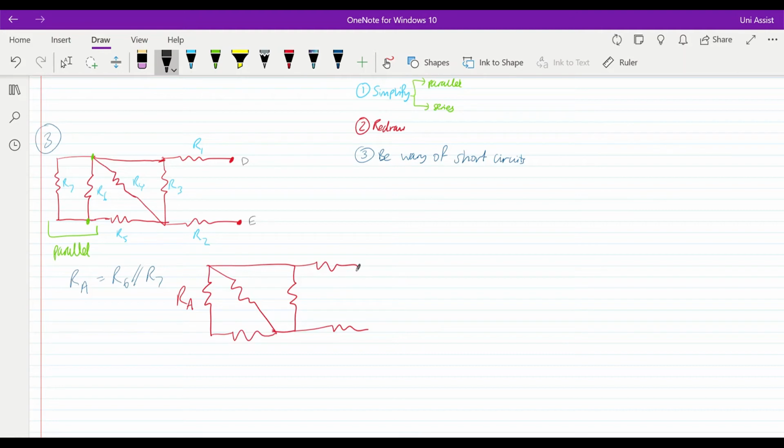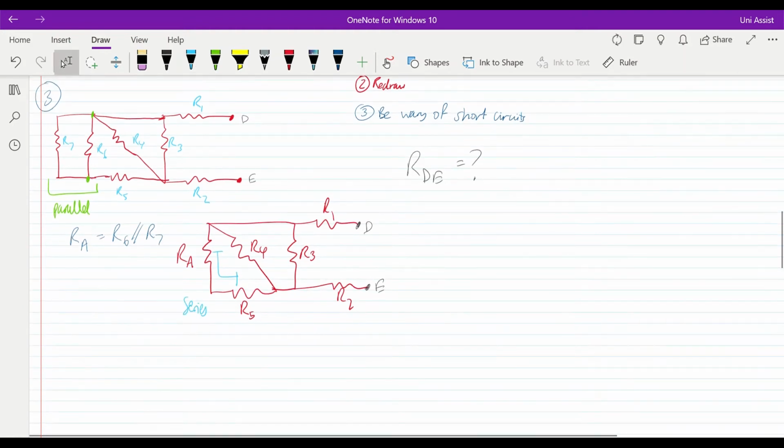Also take note that in this question we're calculating our resistance between points R, D, E. Okay, so now what we're going to do is see if we can simplify any further. So once again, returning to the left hand side, we can see now that we've got these two resistors RA and R5 are adjacent to each other, which means these two are in series.